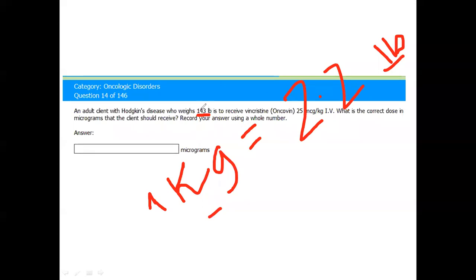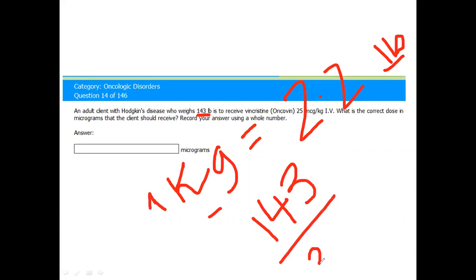143 pounds, if you want to convert to kilograms, 143 is supposed to be divided by 2.2, right? And what you will get, for example, you get 45. This 45 will be multiplied by 25, because we know in the question they said 25 microgram per kg IV.